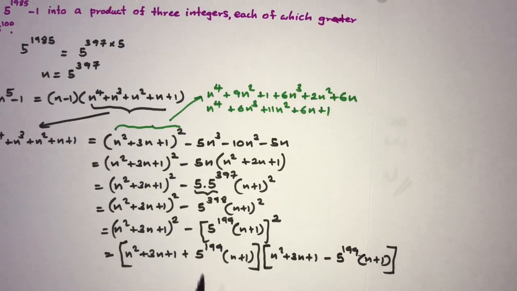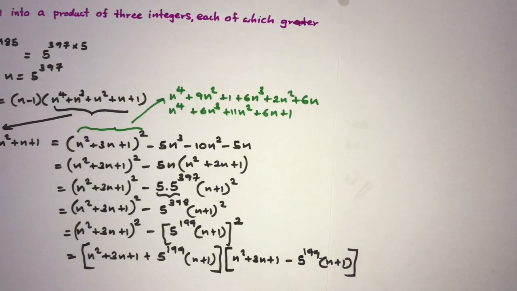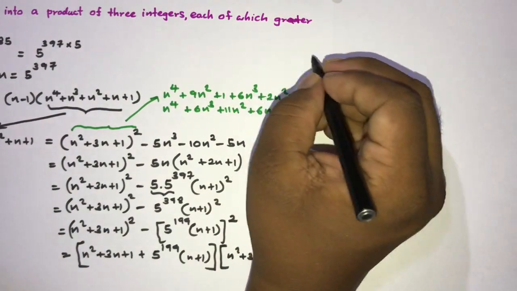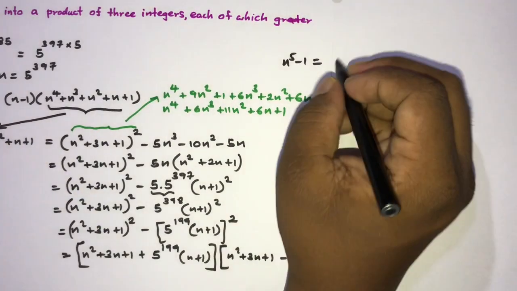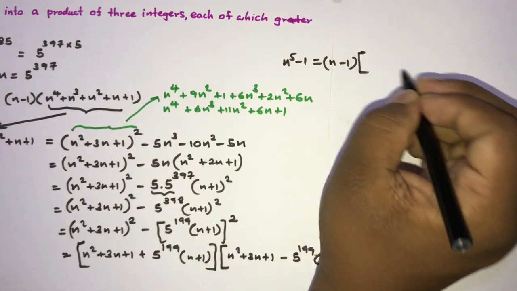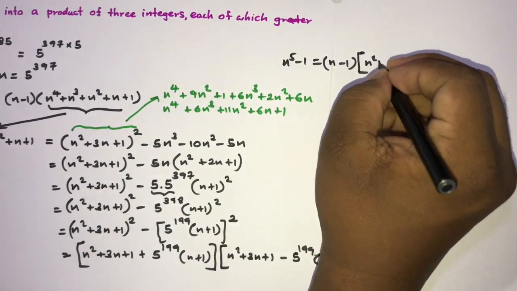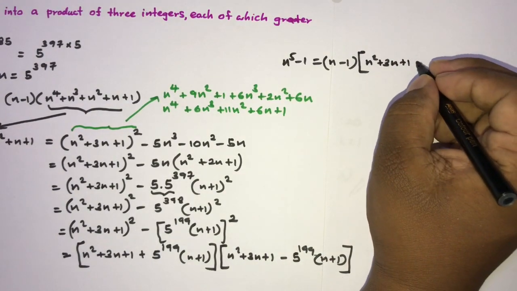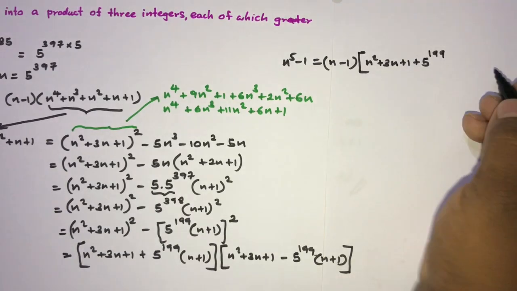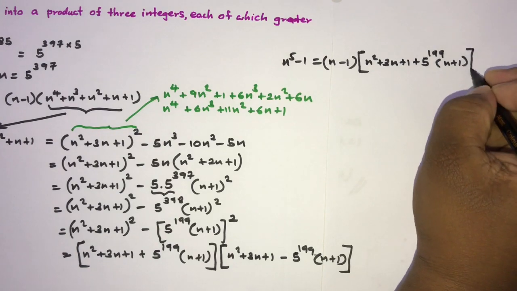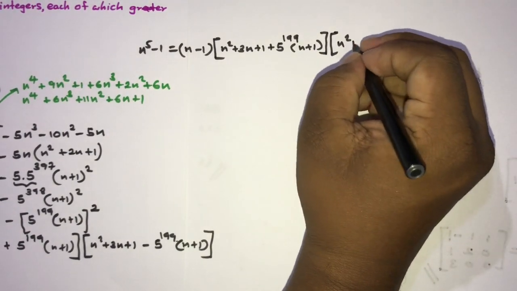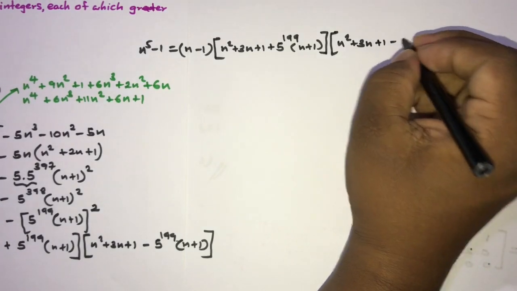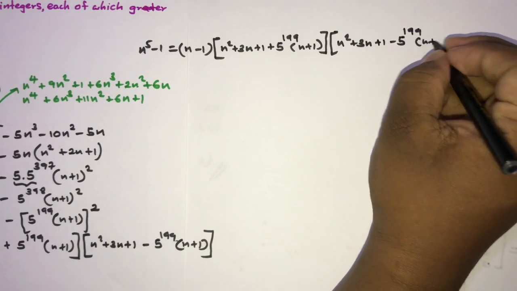The first one is n minus 1, and here we have two factors, so we can write our expression: n raised to the 5 minus 1 is equal to n minus 1, times n square plus 3 times n plus 1 plus 5 raised to the 199 times n plus 1, times n square plus 3 times n plus 1 minus 5 raised to the 199 times n plus 1.